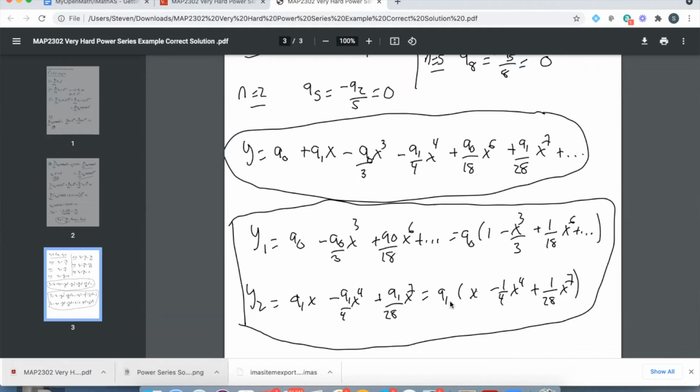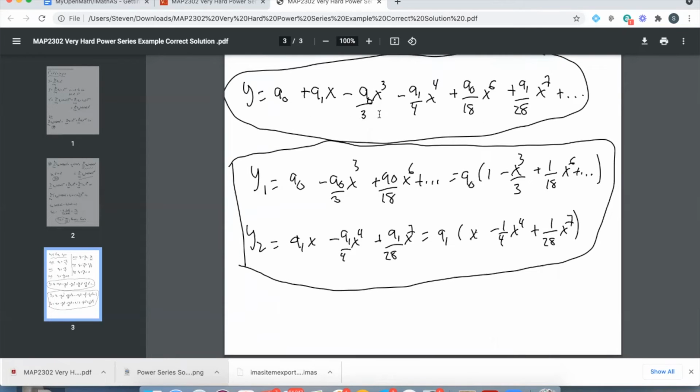And I don't know who came up with this numbering convention. This is weird. Y here is Y1 plus Y2, where Y1 is all the A0 stuff and Y2 is all the A1 stuff. I hate that 1 goes with 0 and 2 goes with 1, but somebody decided that, and that's the way we all kind of write it up.